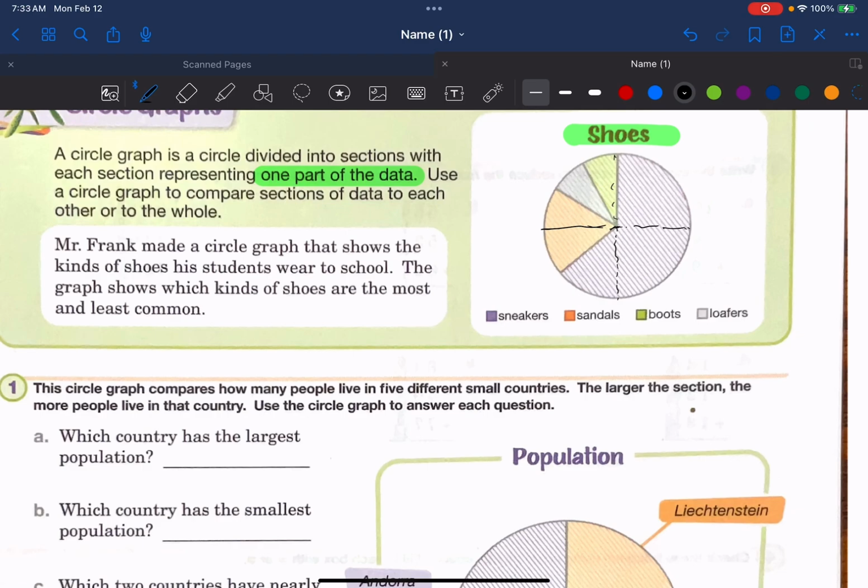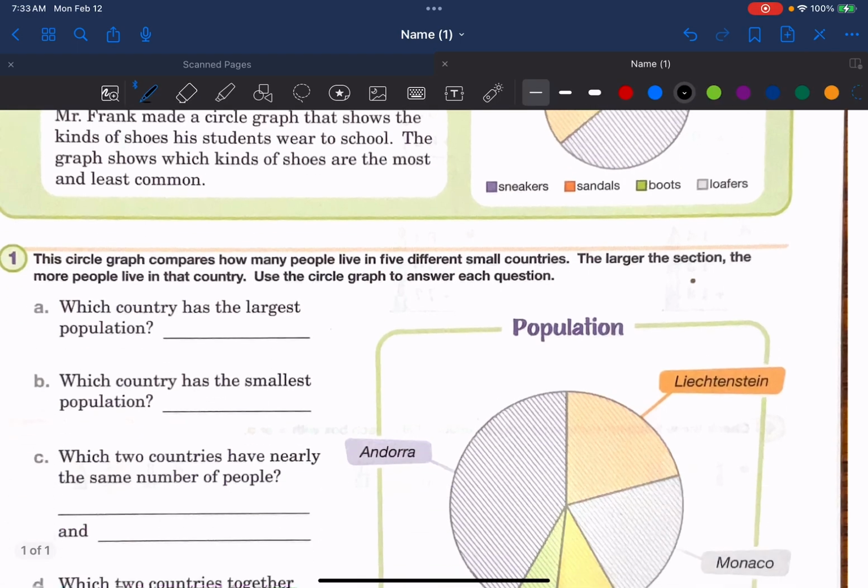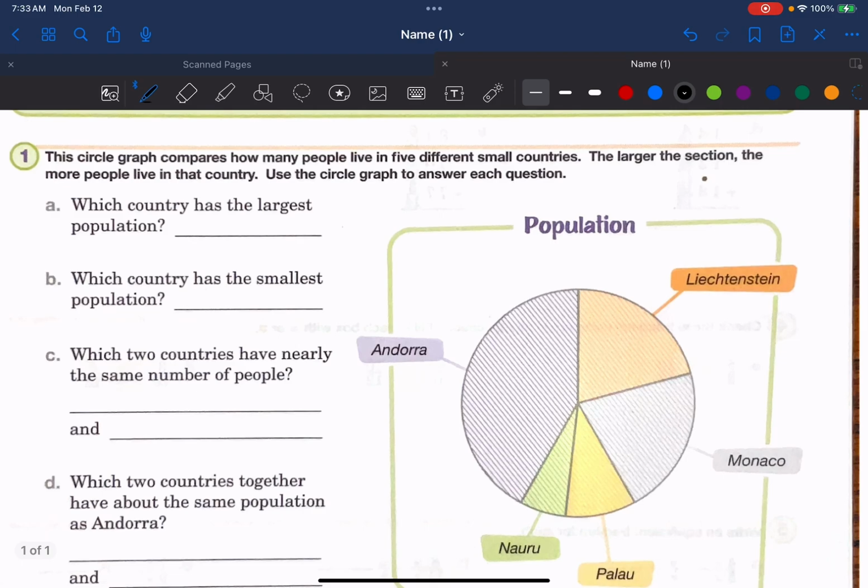Now on this one, it's hard to tell, like none of them look like they're a fourth, but if I turn my circle around and I make my circle go this way, sorry, that middle line's not very, then the sandals is almost 1/4. Okay, so think in terms of parts of a whole, which is the same thing as think in terms of fractions.